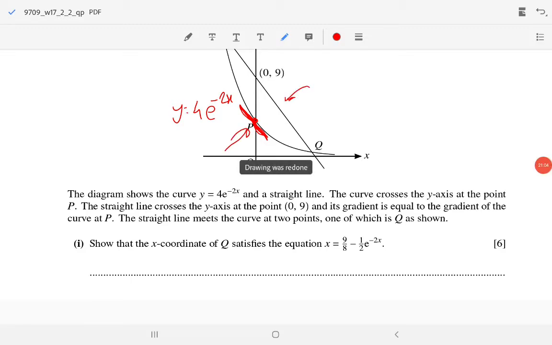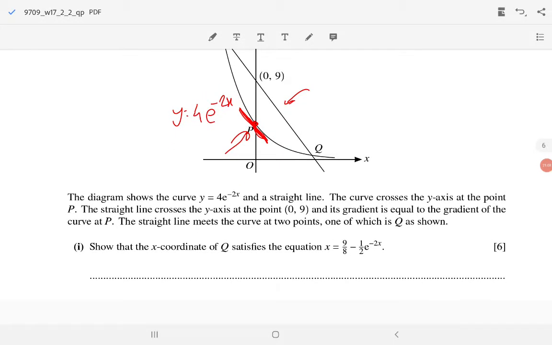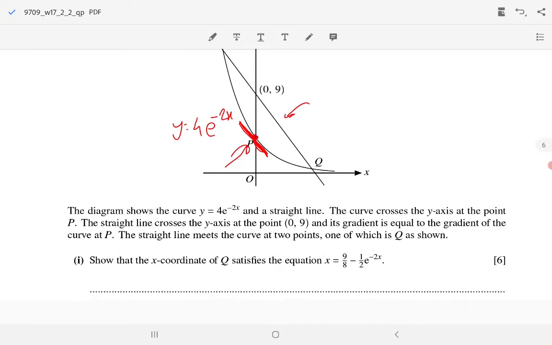Alright, guys, so we just have to show that the x coordinate of Q satisfies this equation. As I just said, the gradient of this line at point P is equal to the gradient of this curve.